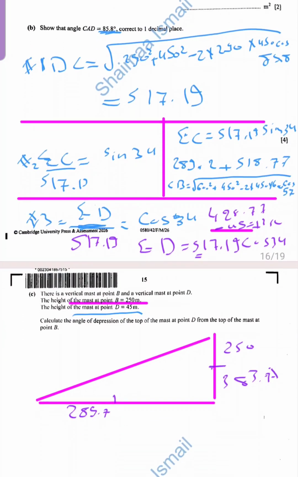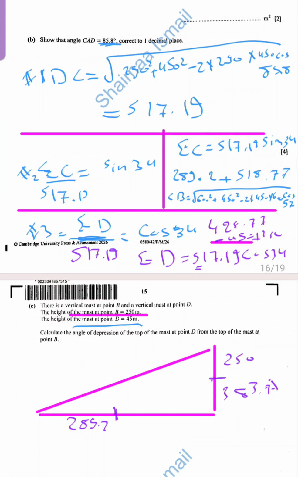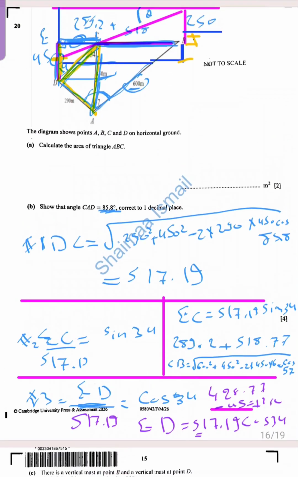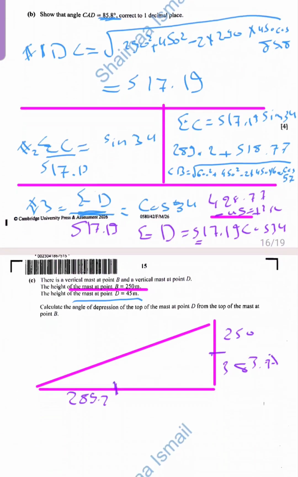Okay, so that's 0.2, and this, the complement part here, the BC was here 518.77.